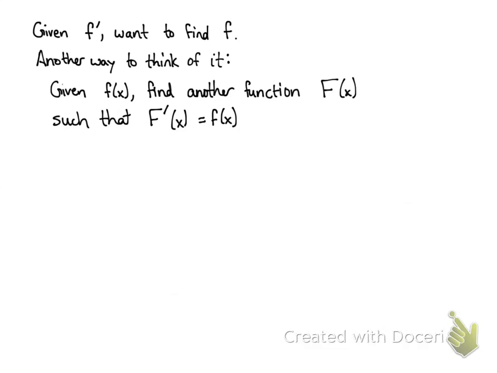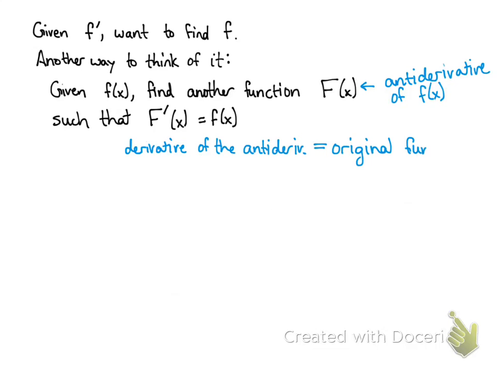I want to find another function, big F, whose derivative is the function you provided. Okay, that capital F function is called the antiderivative of the little f function, because it is not the derivative of it, it's sort of the other direction. It's going backwards, untaking a derivative. It's the antiderivative. And this equation here, big F prime equals little f, says that the derivative of the antiderivative is the original function.